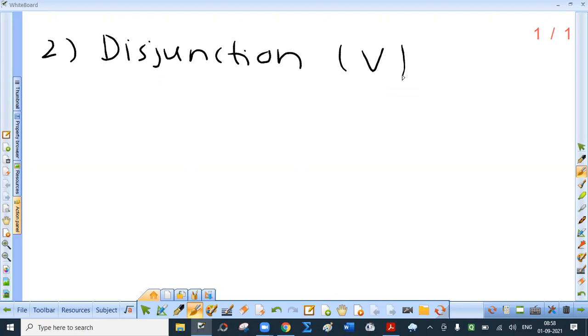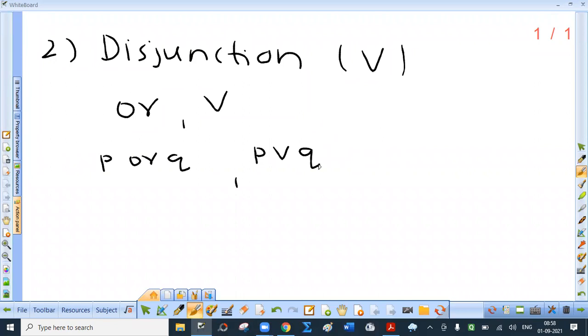A compound statement formed by combining two given simple statements by the connective word or is called disjunction. And as I said, this is the symbol for disjunction.